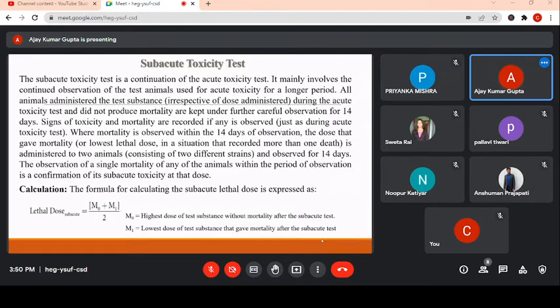That could be calculated by this given formula.